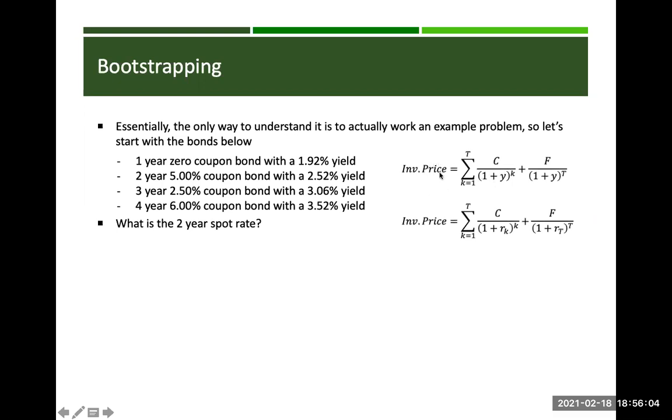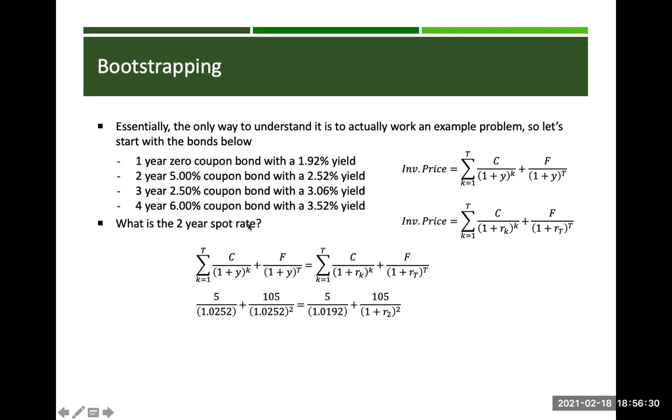Remember these equations. The inventory price is equal to the discounted cash flows using the bond yield, which is constant and it's given here. It's also going to be equal to the discounted cash flows using the separate spot rates, the zero coupon rates. So set these two equal to each other.